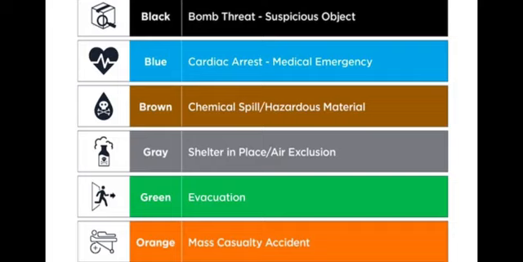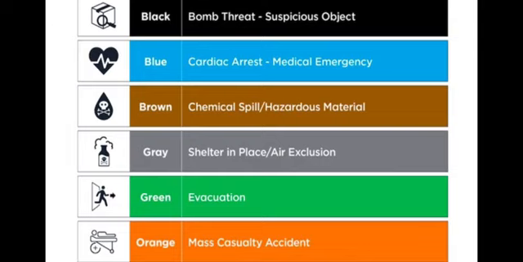Cardiac arrest and cardiac emergency is blue. Bomb blast or bomb threat, suspicious object is black. Mass casualty, do you know which one? Mass casualty is orange, and the stretcher sign is for casualties, and evacuation is the next sign, the person who is running outside.